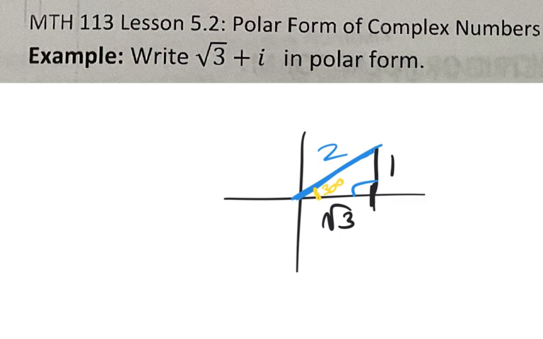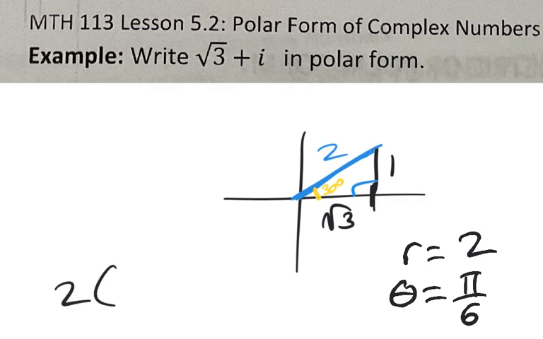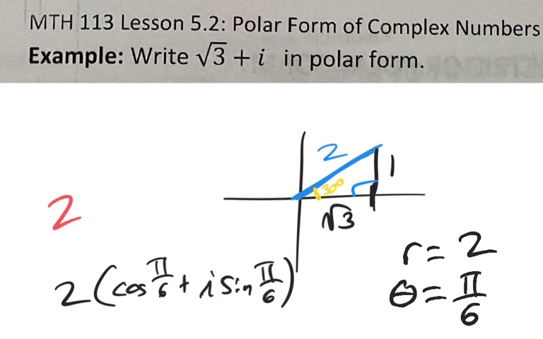So that means for me, R is 2. Theta is pi over 6. So this is 2 times cosine of pi over 6 plus i sine of pi over 6. Or you could write 2 cis pi over 6.